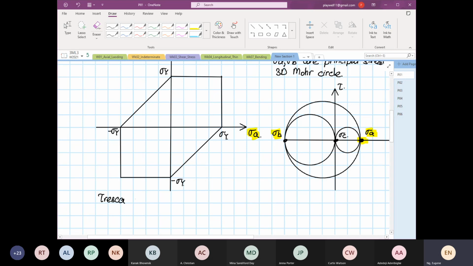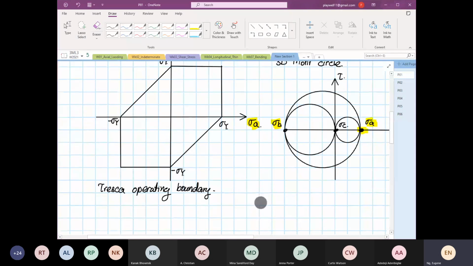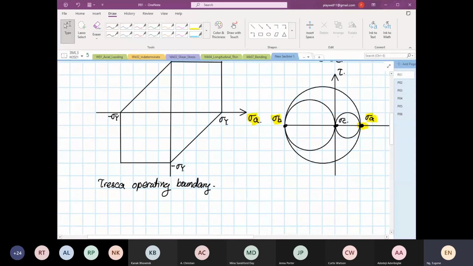Based on the Tresca operating boundary, we know that tau max is equal to half of stress Y, where capital Y is the yield strength.